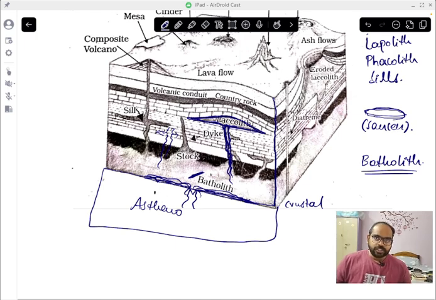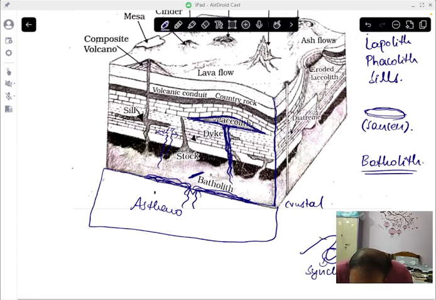Okay, and next, within the crustal portion, whenever the crust gets convergence, when it gets squeezed, the materials inside the crust are folded like this. This depressed part is called syncline, and this upper part is called anticline. Whenever the plates move towards each other, there is convergence, right?